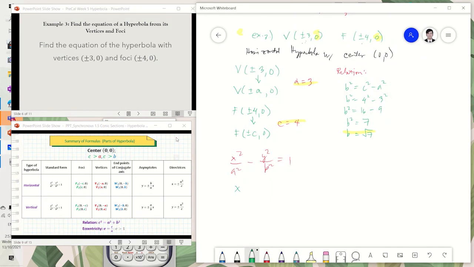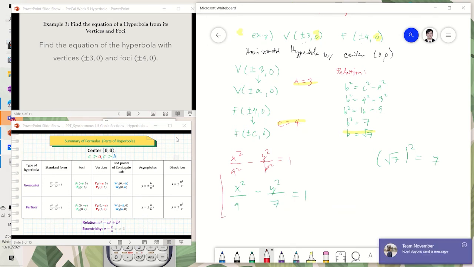That would be x squared over the A here is 3, so 9. Then y squared minus b squared. By the way, when you get the square root of 7 squared, that is just 7. So 7, and this is now our final answer.